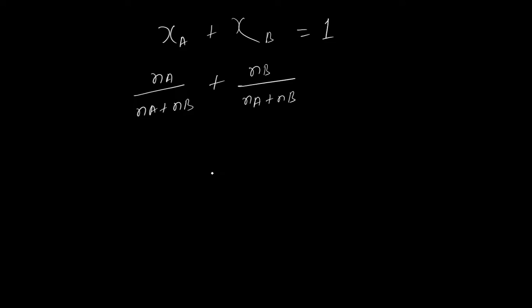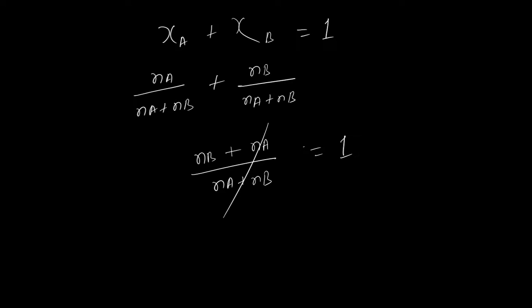Now what? Just take the LCM. So the LCM will come Na plus Nb, which is Nb plus Na. So this is what? We can write over here, this cancels, so it will be 1.